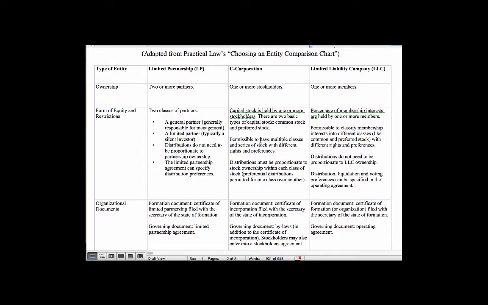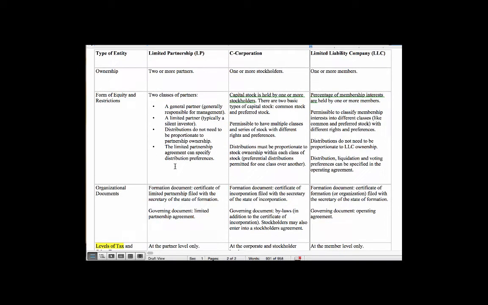In a corporation, we are given more fixed building blocks, if you will. We are supposed to use a thing called common stock and then a thing called preferred stock that have set features to them as the way of creating economic interests. Whereas in a partnership, we can simply write exactly what it is in the partnership agreement that each person's entitled to.